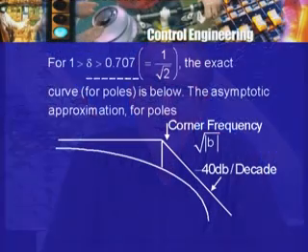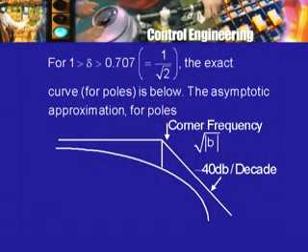For example, the following can be shown to be true. When delta is greater than 0.707, to be precise, actually it should be 1 by root 2. So, when the damping ratio is greater than 1 by root 2, and by the very fact that the roots are complex, delta is less than 1.